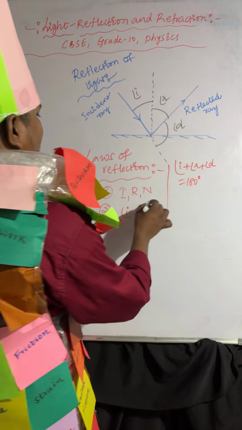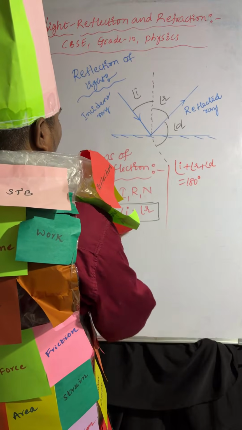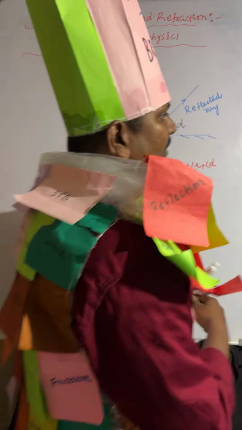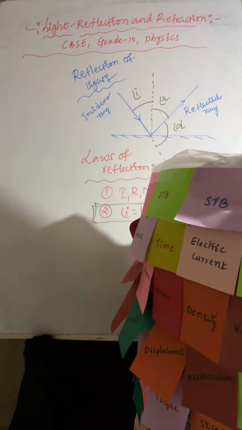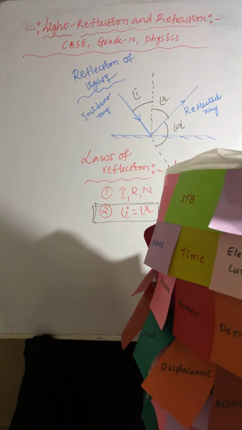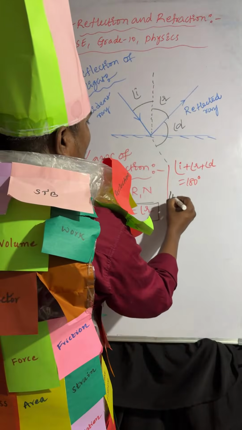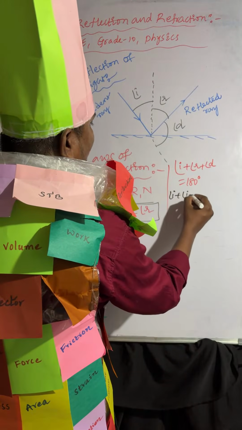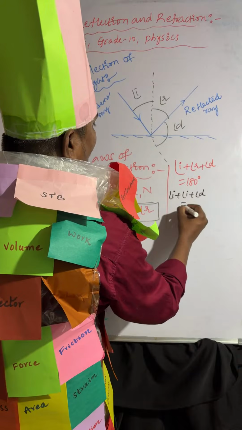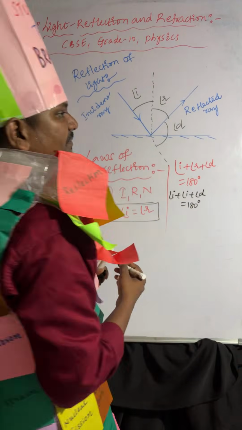From the laws of reflection, we can observe that angle of incidence plus angle of incidence plus angle of deviation equals 180 degrees.